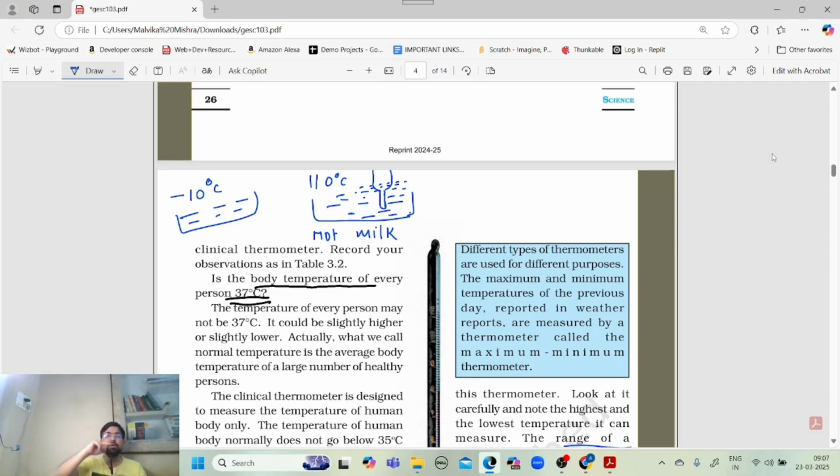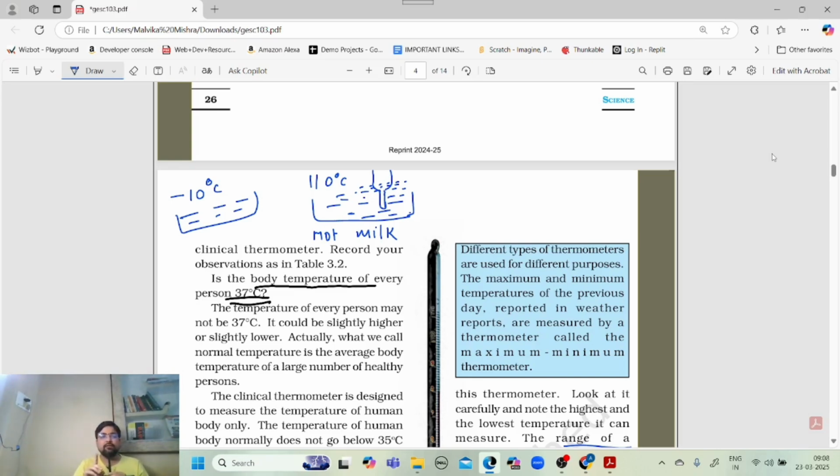Keeping this thermometer inside the beaker or the object whose temperature we want to measure, in this very position we will note the temperature once the mercury level stabilizes, right.